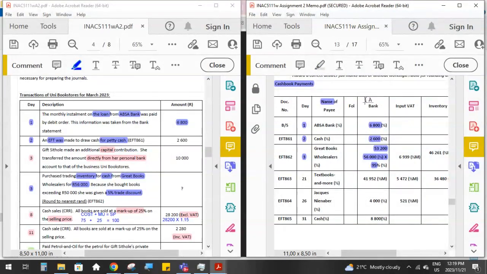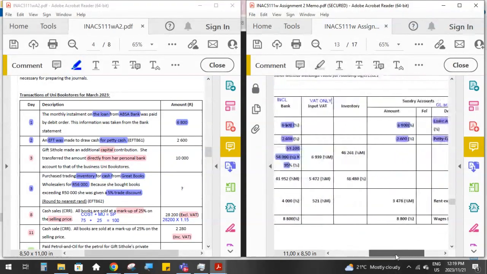Remember, this column includes VAT. This column is the VAT only, and all of these columns on the right-hand side here will be the excluding amounts.